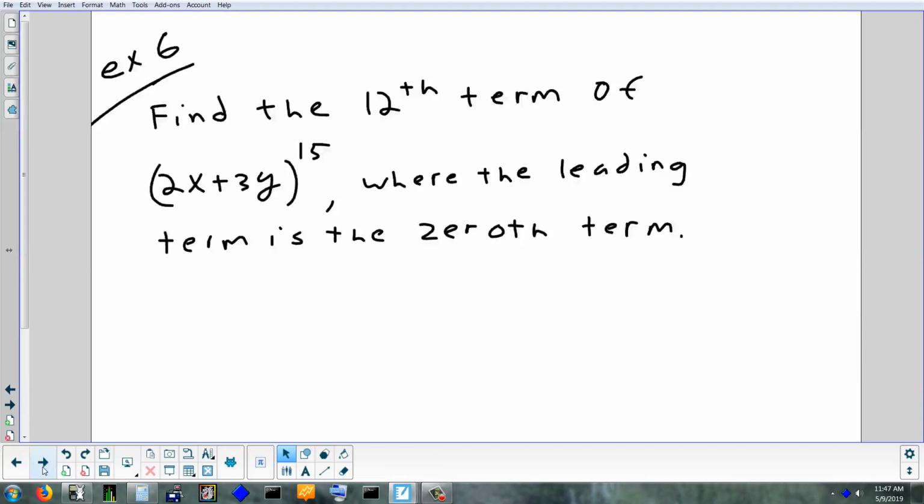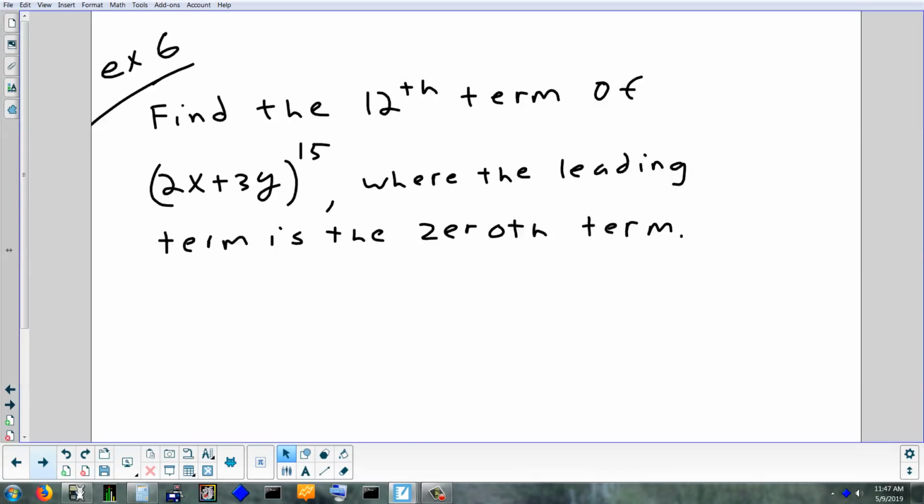All right. So now, I want to know the 12th term if I were to expand this whole thing out. Now, I'll tell you the way not to do this. Expand the whole thing out. That's going to be pretty awful. You only have to find one thing.